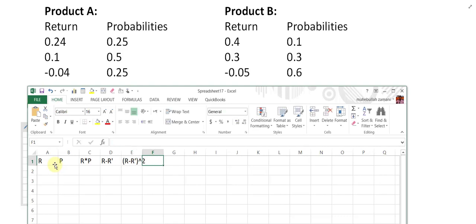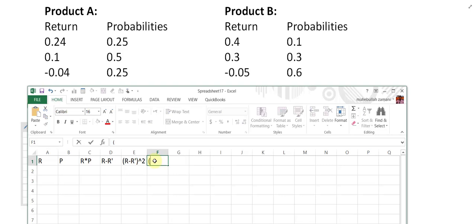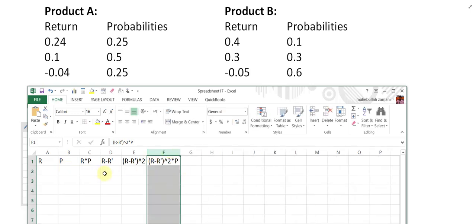And the next column, of course, increase the column size as well. Next column, we have to do R minus R bar to the power of 2, then multiply into P, right? In this way, around 5 or 6 columns are needed.